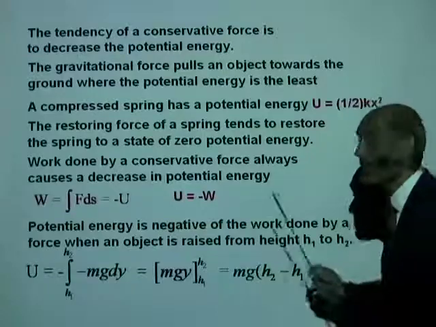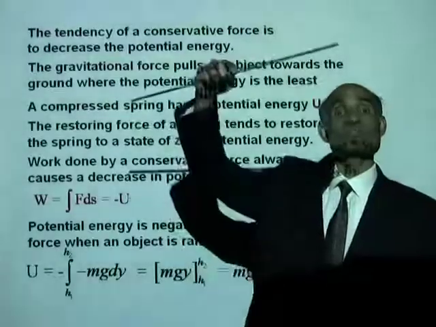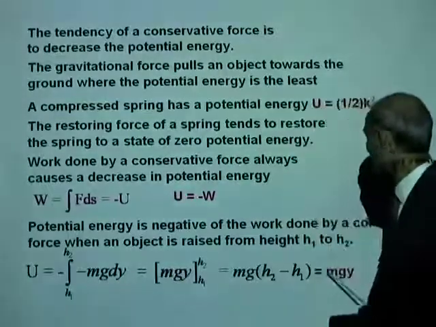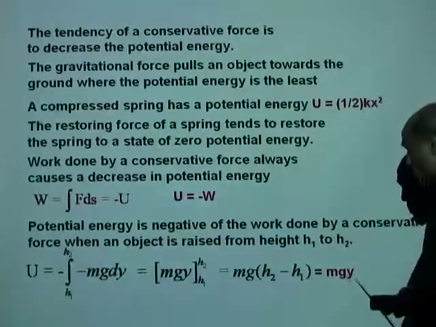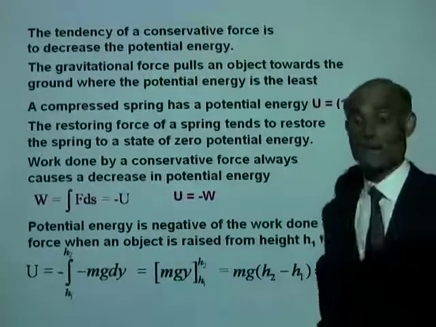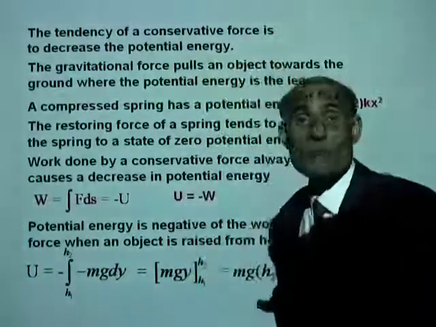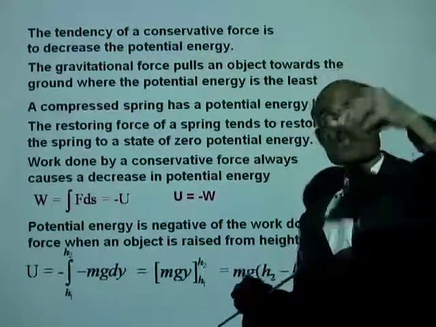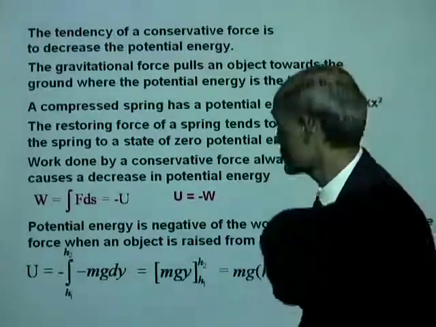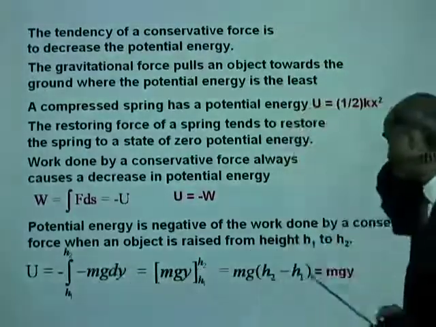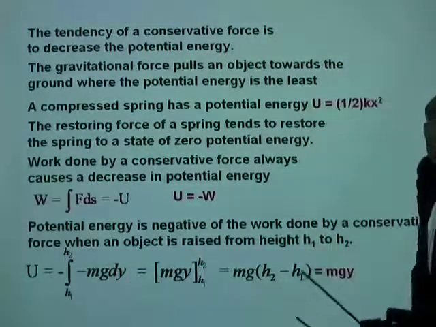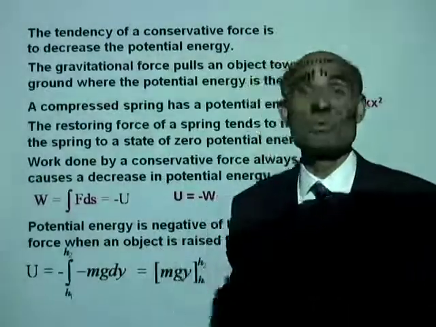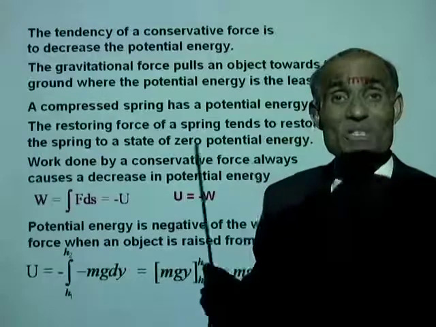If h2 minus h1 is equal to h, then potential energy equals mgh, or we can now call it mgy, because h2 minus h1 is the distance y through which the object is raised. So potential energy equal to mgy is the same as the first equation that we obtained, potential energy equal to mgh.